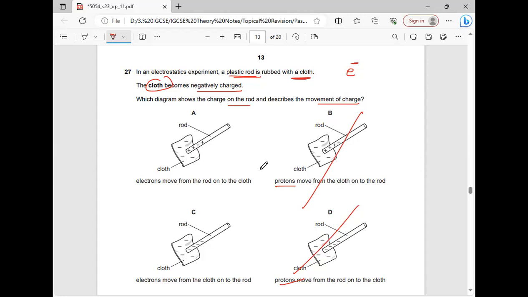So when electrons jump from rod to cloth, the rod will acquire positive charge due to the movement of electrons from rod to cloth. So option A is the correct answer. In these types of questions, never ever write that protons or nucleus move. Always say either electrons are removed or electrons are deposited.